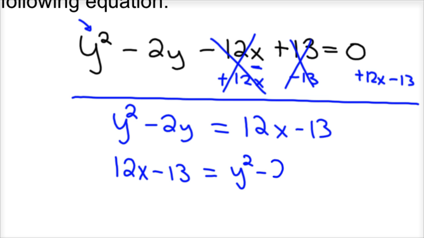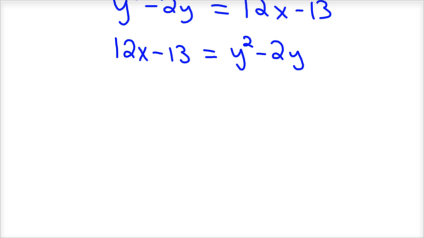So y squared minus 2y. And now we can complete the square. There's no number in front of the y squared, no quadratic coefficient, and so I'm going to go ahead and divide the negative 2 by 2. I'll just do it off to the side so you can see what I'm doing.